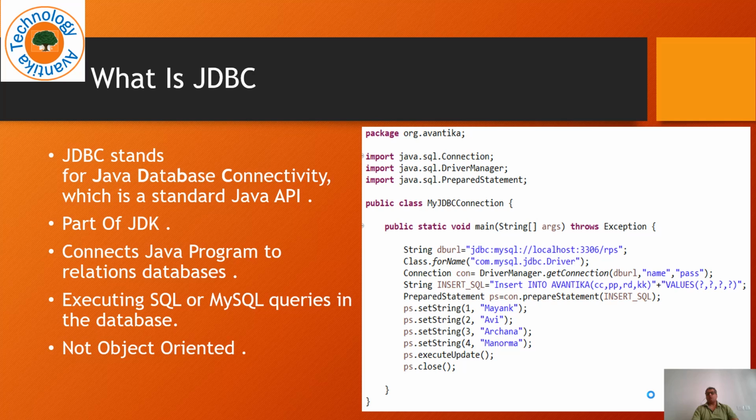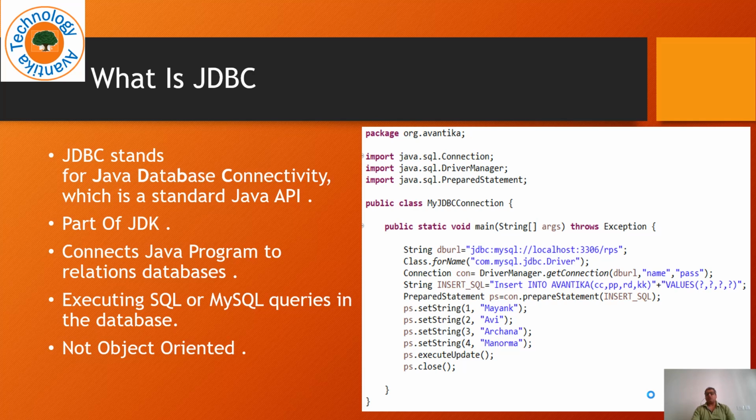These are the number of tasks which previously we had to do. Now you can easily connect Java programs to a relational database when you are using JDBC, but it executes SQL or MySQL queries in the database, and it is not object oriented.